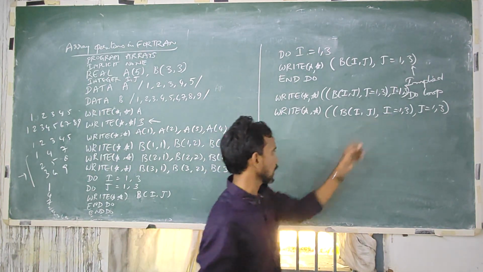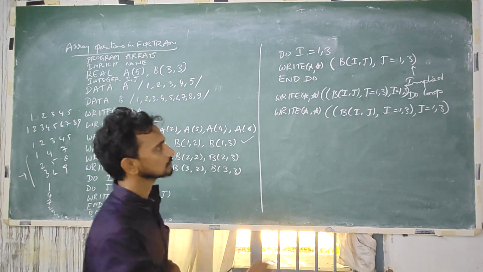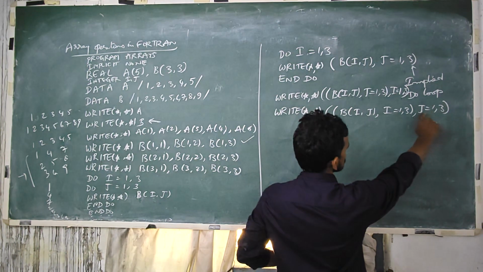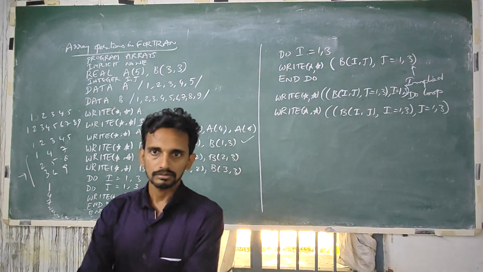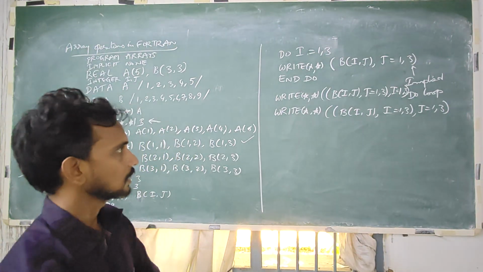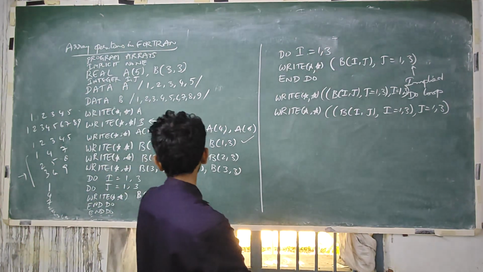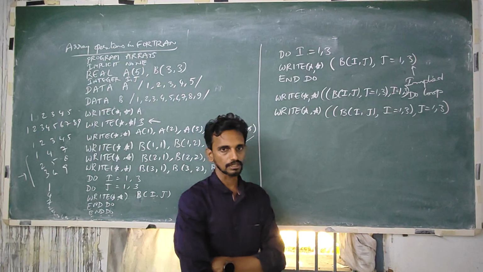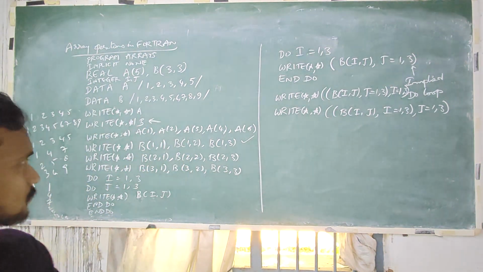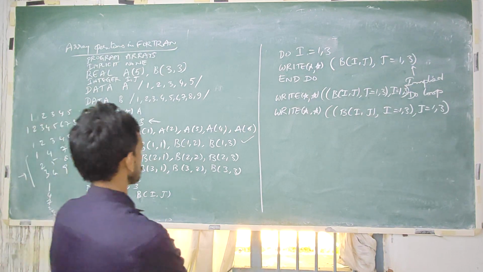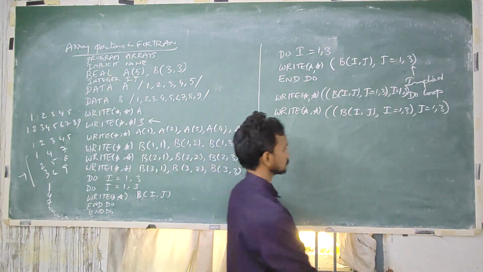I'm trying to access the array column wise. So I'm writing j outside and I inside. So I'll get 1 1, 2 1, 3 1 first, and then 1 2, 2 2, 3 2, and then 1 3, 2 3, 3 3.